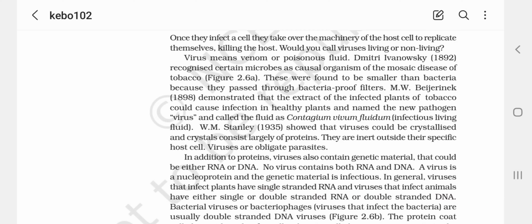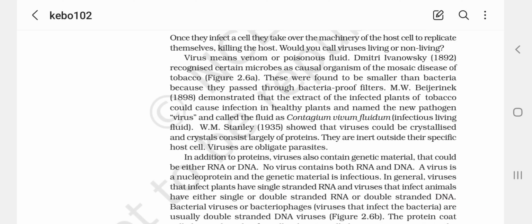M. W. Beijerinck, 1898, demonstrated that the extract of the infected tobacco plants could cause infection in healthy plants, and named the new pathogen virus and called the fluid Contagium vivum fluidum, infectious living fluid.